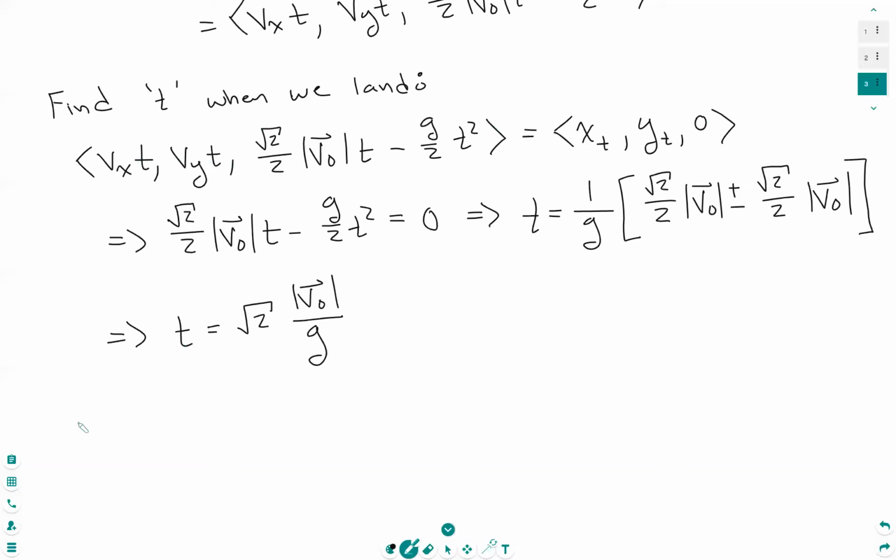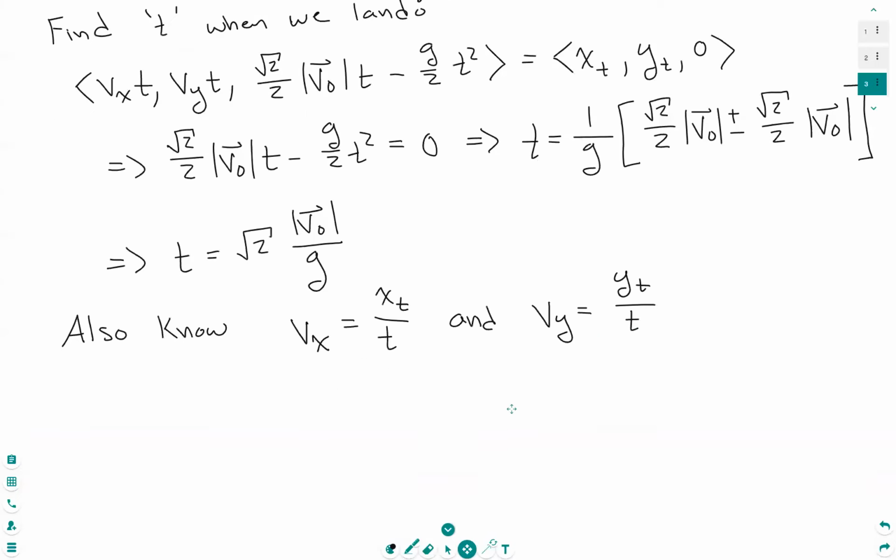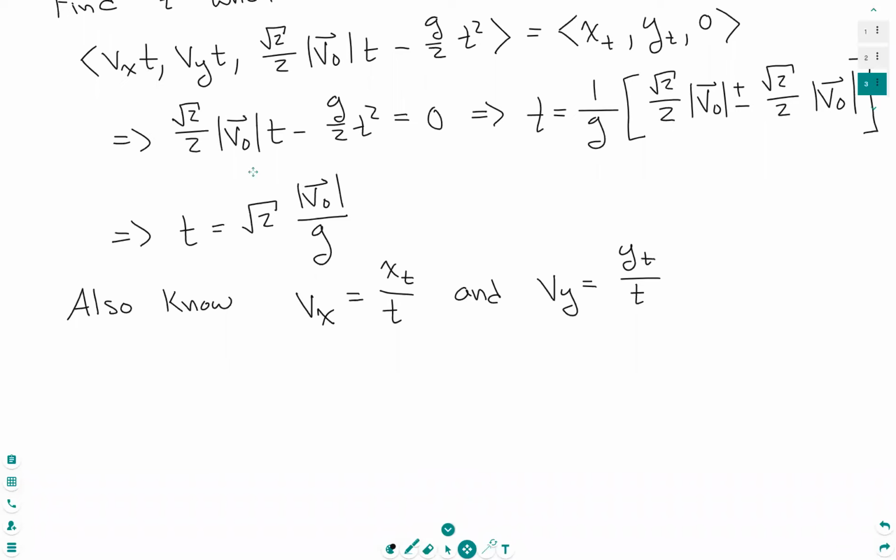We also know that Vx is equal to xt over t, and Vy is yt over t.